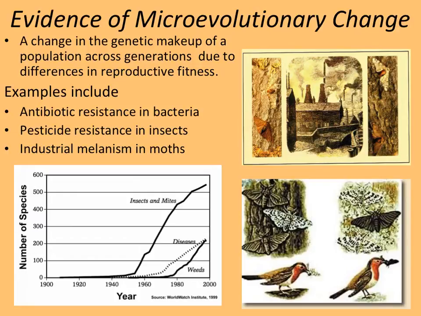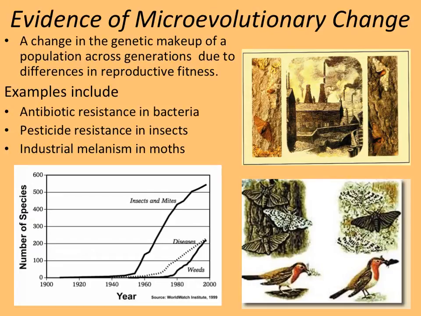Okay, so during the Industrial Revolution, they used coal to burn, to power their factories, to heat their homes, all that kind of stuff. Coal's really dirty. When you burn coal without pollution controls, soot coats everything. And so before there was coal burning and before the Industrial Revolution, there were these moths.